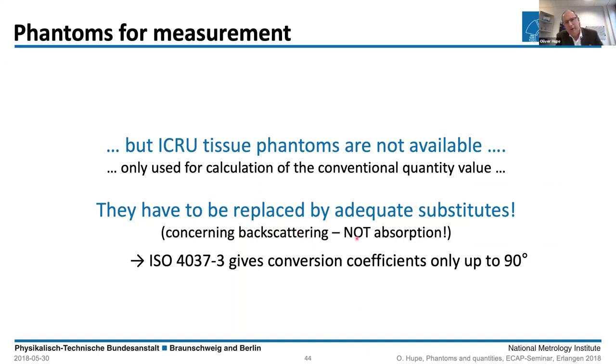That means if you have irradiation from the back, 180 degrees, this will not be in accordance with this ICRU phantom. That's the reason that in ISO 4037, the conversion coefficients are limited to 90 degrees, because you don't want to go through the phantom. It's only the backscattering you are interested in.